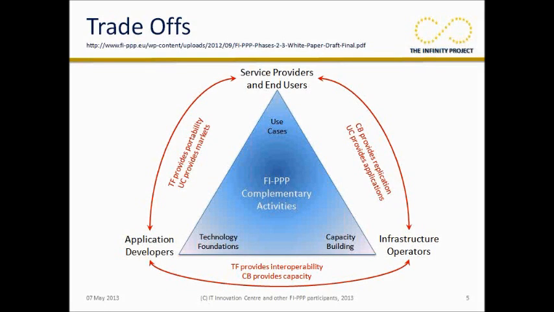The technology foundation projects, including the core platform development, is really targeting developers. And the capacity building theme is really targeting the operators of these smart spaces and other infrastructure. And somehow we have to bring all these things together. And you can see that each corner of the diagram is giving something and expecting to receive something. So we need some kind of complementarity between the activities.